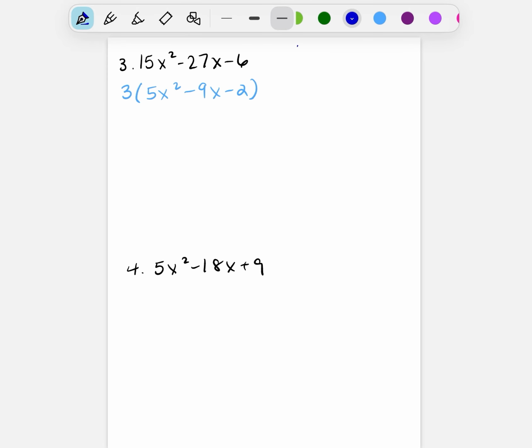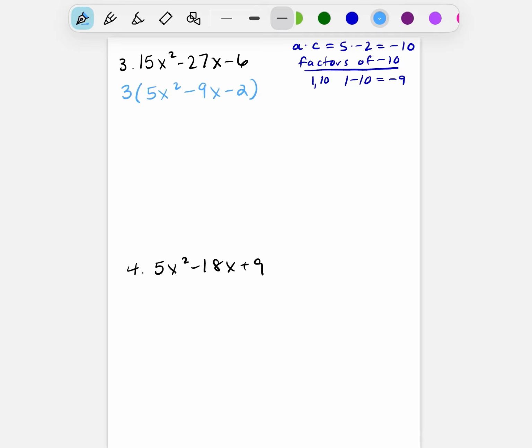So if I multiply my a times my c term, 5 times negative 2 is negative 10. Factors of negative 10 are 1 and 10, positive, negative. I'm just going to think about the positive versions here. But 1 minus 10 is negative 9. So I'm going to use 1 and 10, where the 10 is negative.